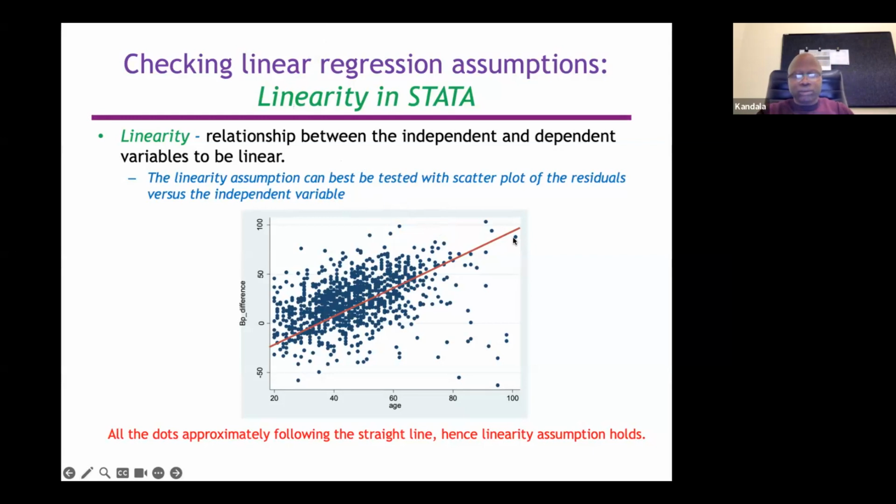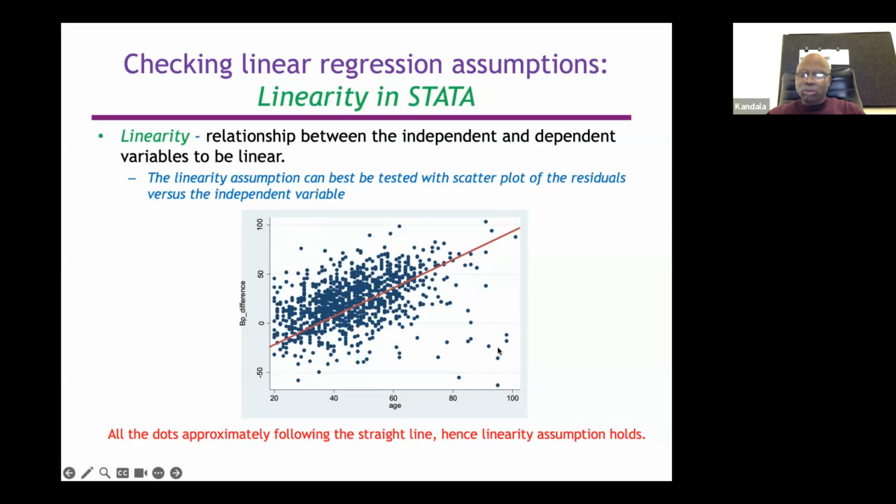Okay, so for those who are familiar with Stata, to check the linearity assumption between the independent variable and dependent variable, this can be best tested by the scatter plot of residual versus the independent variable. Here, all the points approximately follow the straight line.